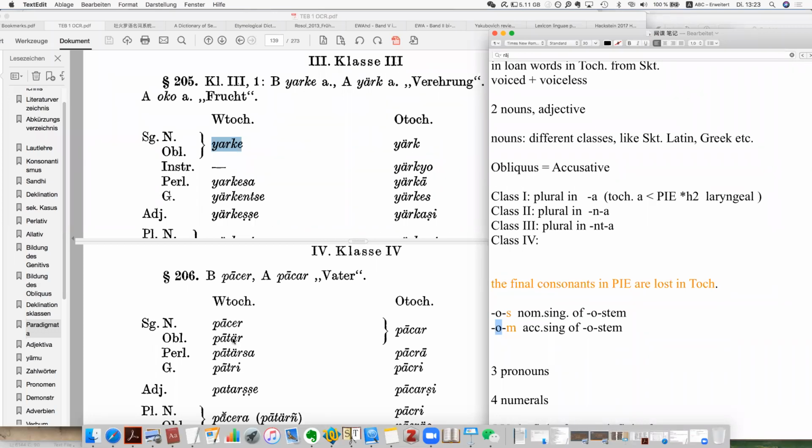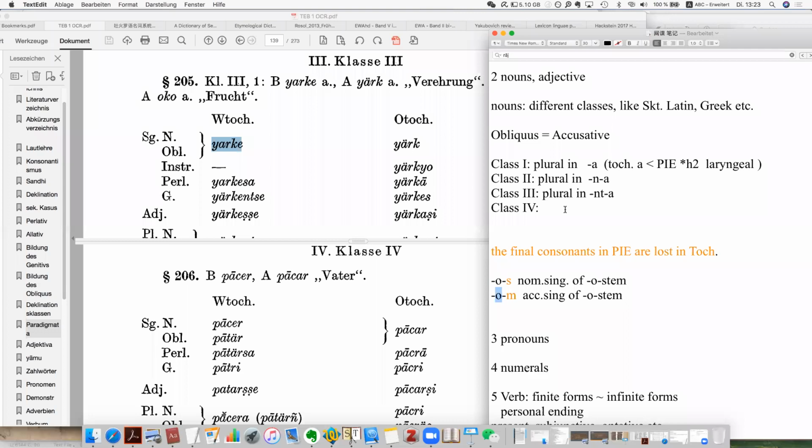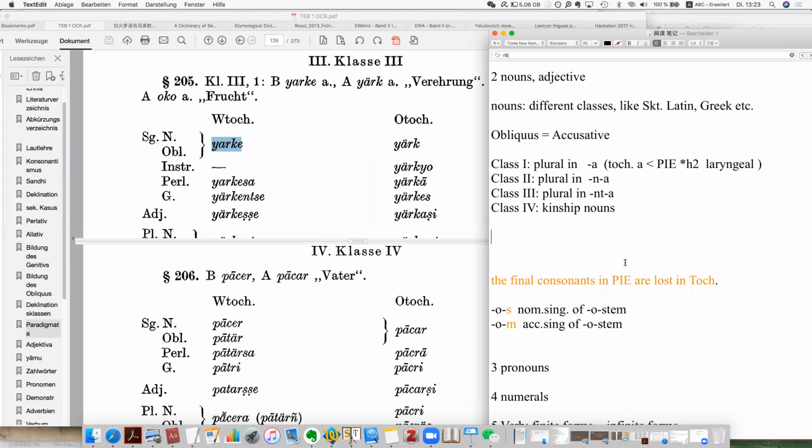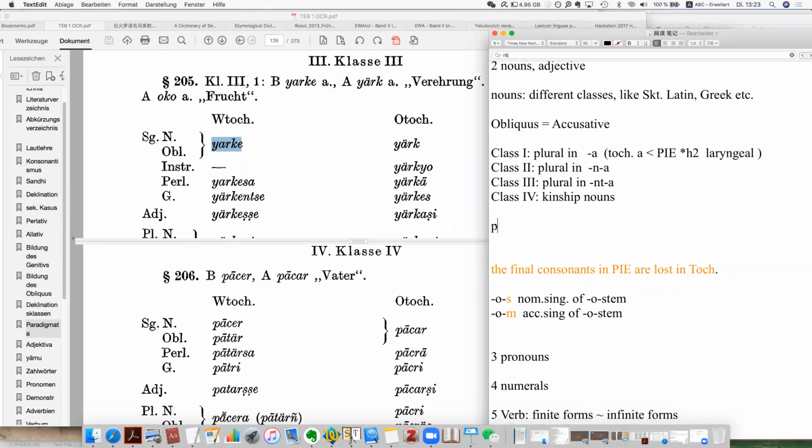Pater and pater, yeah, because of kinship. Let's explain a little bit. So pater goes back to this one.